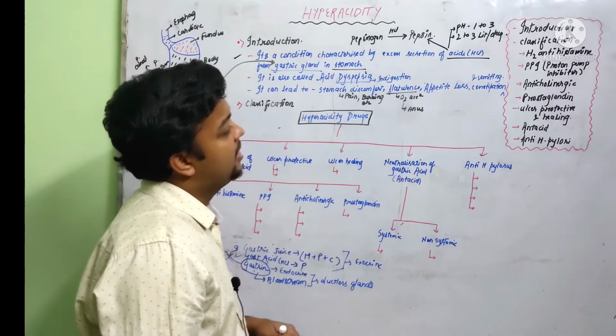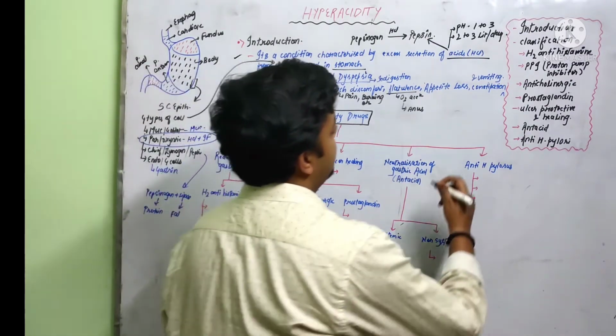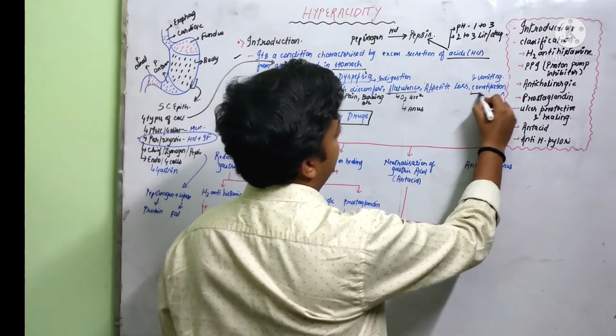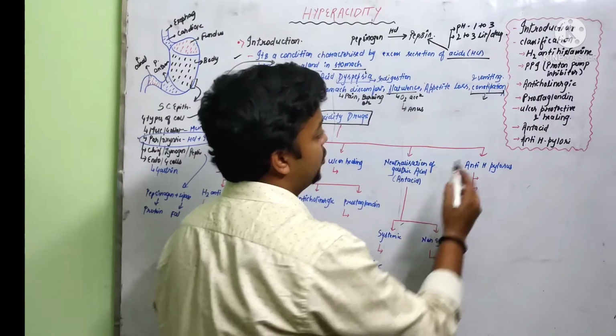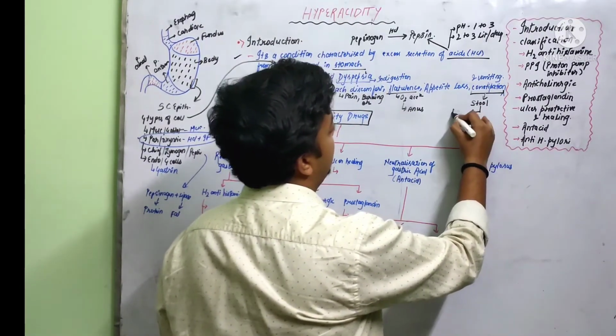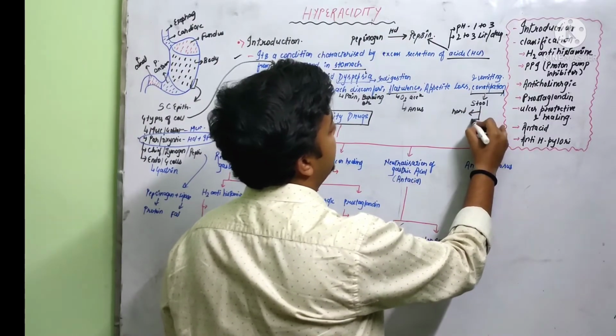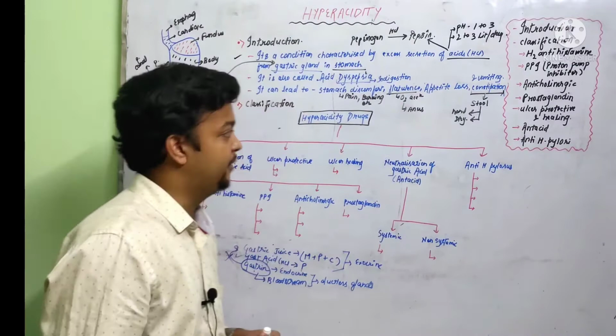And at the last we have vomiting and constipation. So vomiting, you know. And guys, constipation means that the patient is having difficulty in emptying the stool. Why? Because the stool is hard and it is dry. That is the constipation, right?